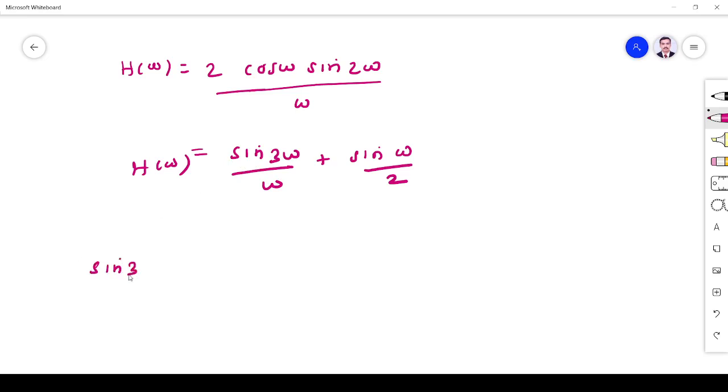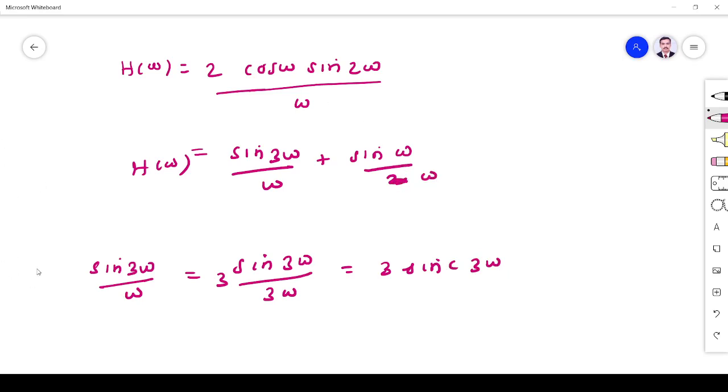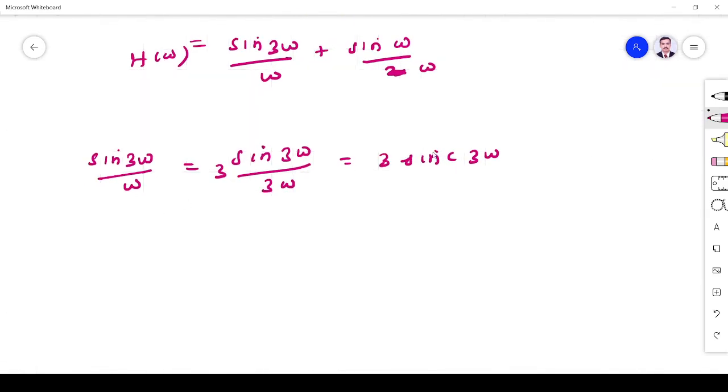Let me tell you: sin 3 omega by omega, I can multiply and divide by 3, so it is 3 sin 3 omega divided by 3 omega. Sin theta by theta is sinc theta, so it is 3 sinc 3 omega. Okay, so why did I make it in the form of sinc?